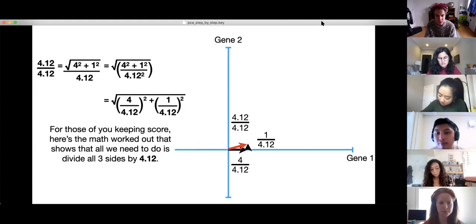For those of you keeping score, here's the math worked out that shows that all we need to do is divide all 3 sides by 4.12. This is just sort of an aside. You can come back and look at the video later if you're dying to understand this derivation.